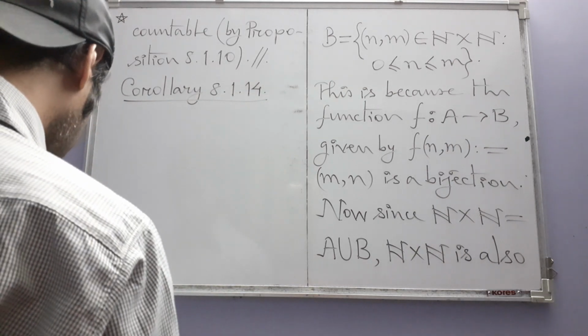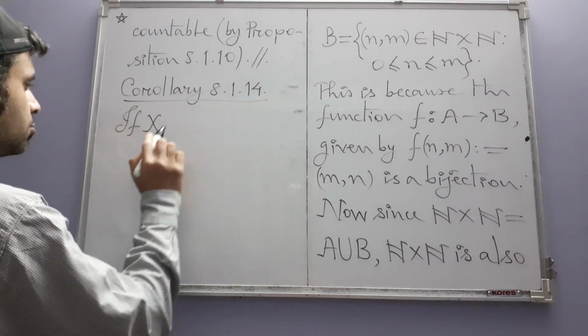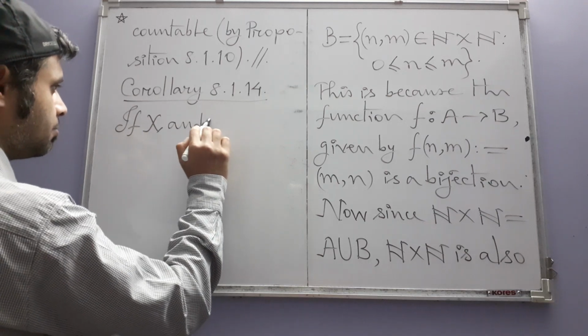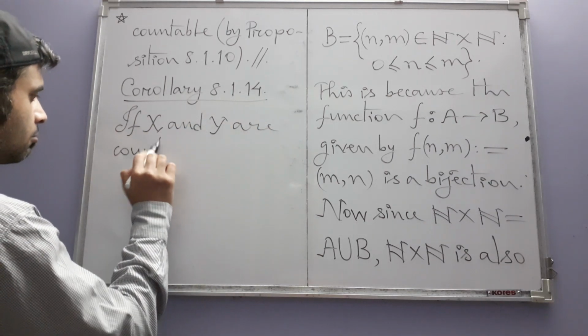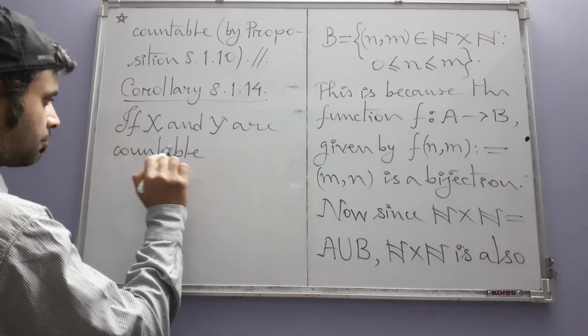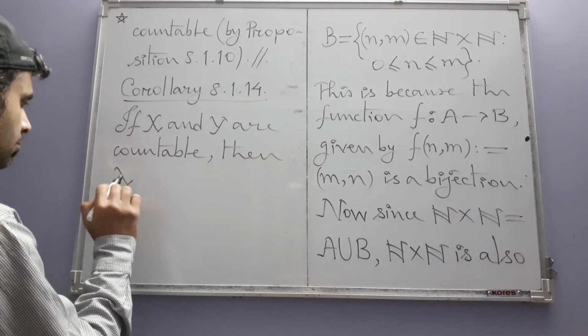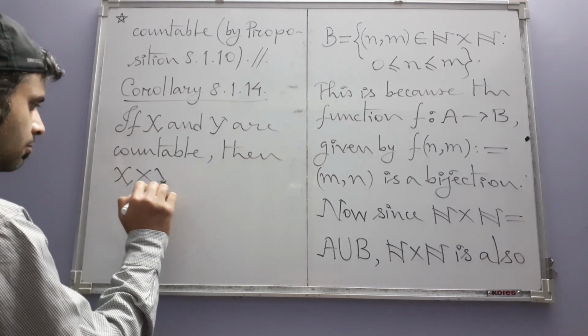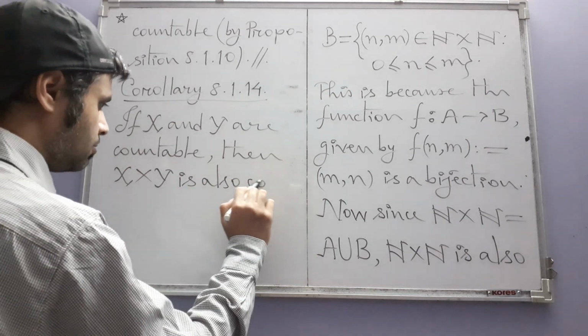It states that if two sets X and Y are countable, then their Cartesian product is also countable.